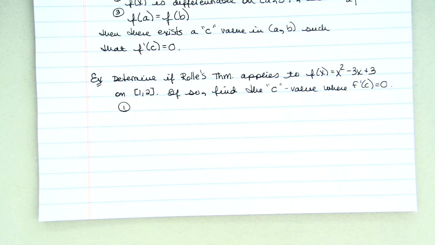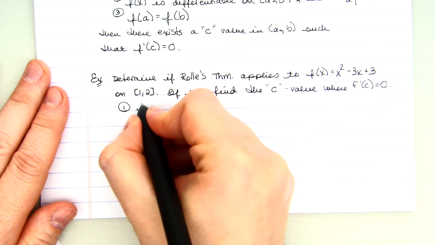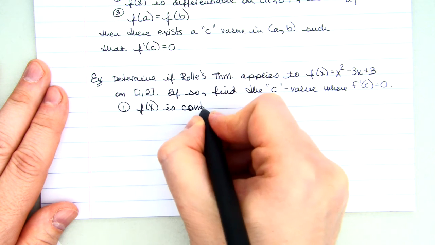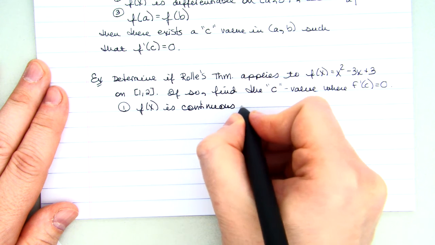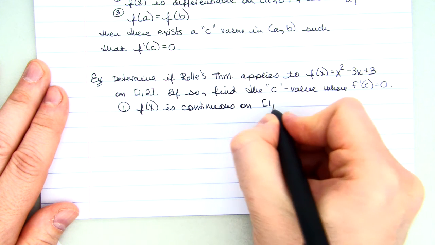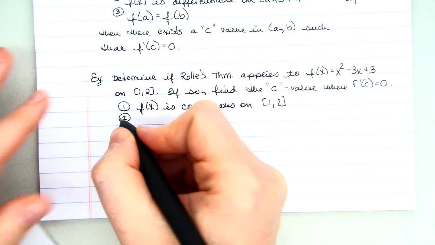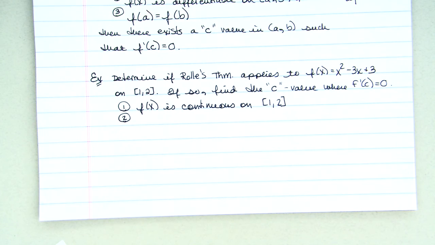Number one, is that function continuous on the closed interval? Sure it is, all polynomials are continuous. F of x is continuous on the interval from 1 to 2. Number two, find your derivative, and then tell me, is f of x differentiable?